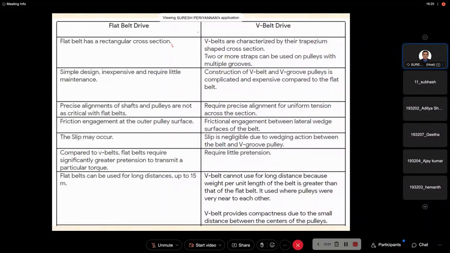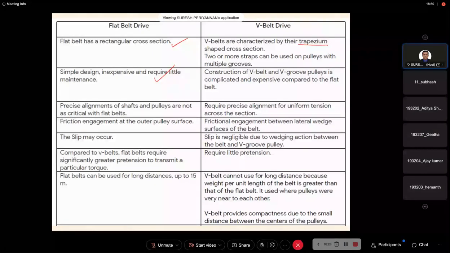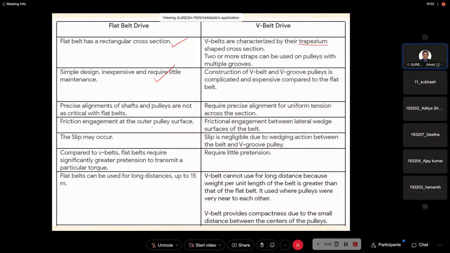The flat belt has a rectangular cross section. The V belt has a trapezoidal cross section. The flat belt is a simple design, while the construction of the V belt is a complicated design, and its maintenance is also complicated. The flat belt drive can be easily fabricated, and easily assembled and disassembled from the pulleys. In the flat belt there is friction engagement on the outer pulley surface.